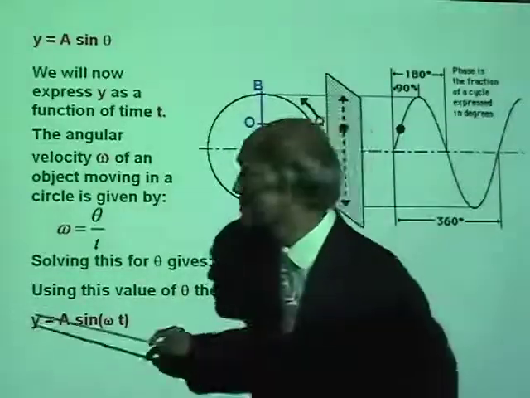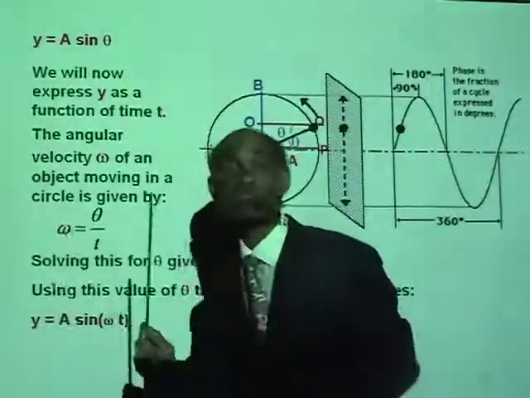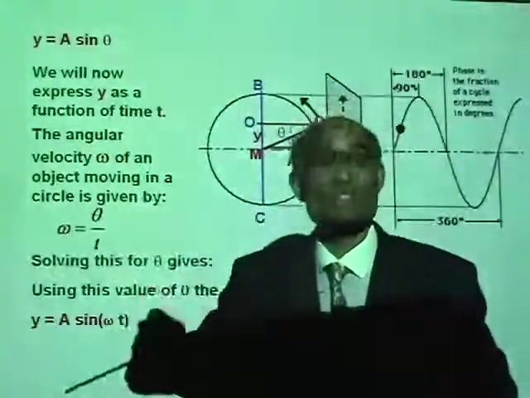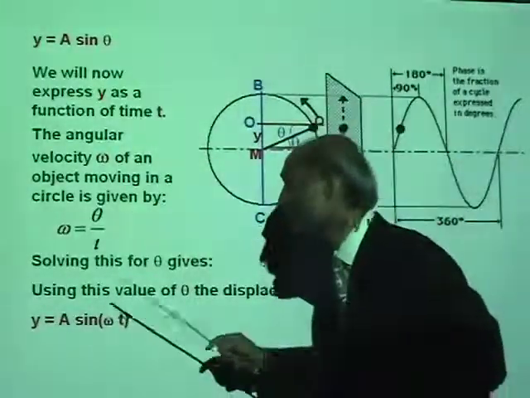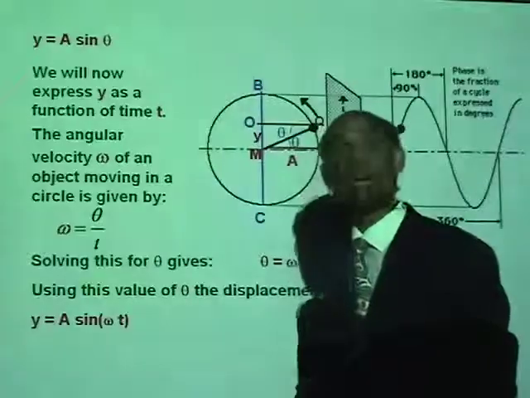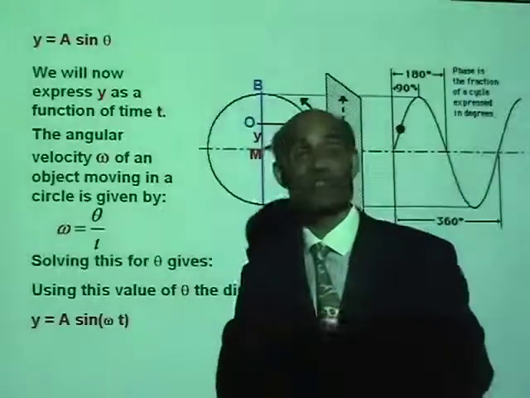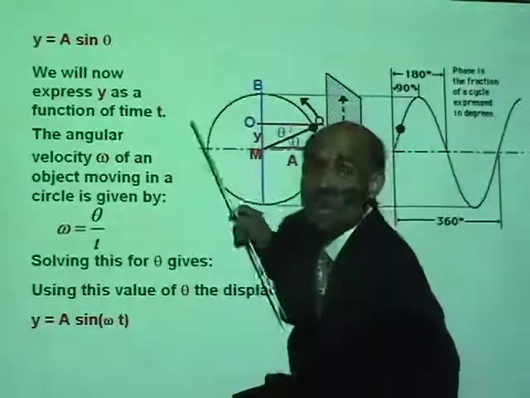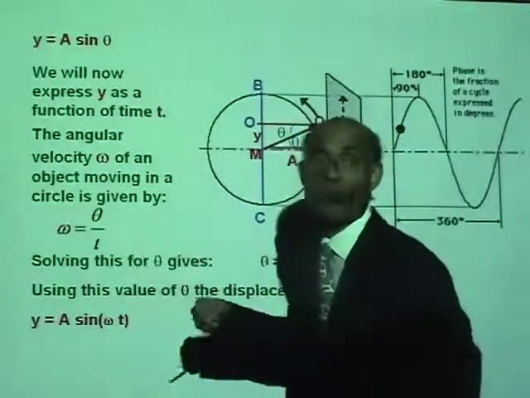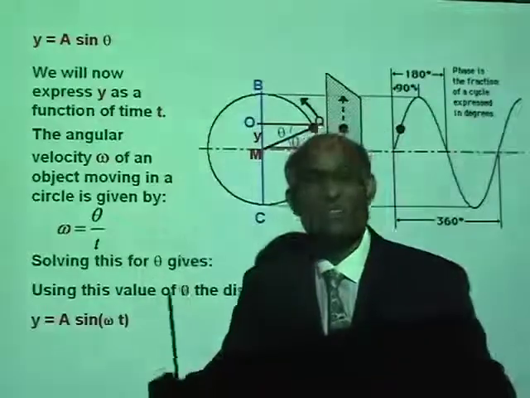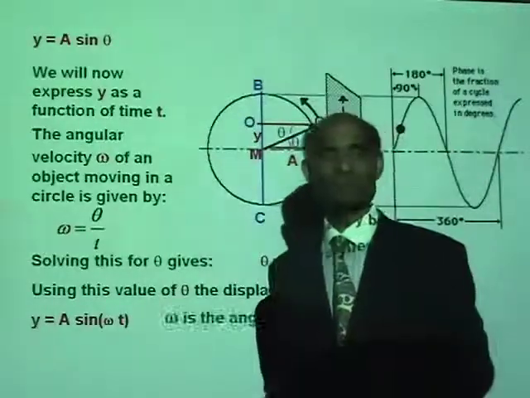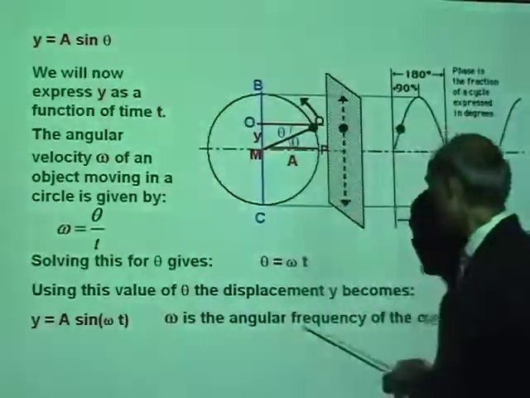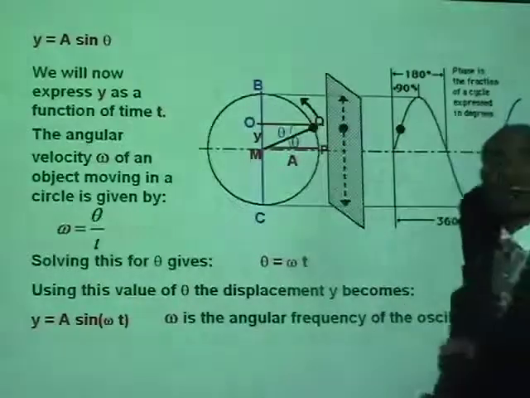We have now obtained an equation for the displacement of the oscillation as a function of time. Y equal to a sine omega t, where omega is the angular velocity, or sometimes it's called the angular frequency. Omega is the angular frequency of oscillation.